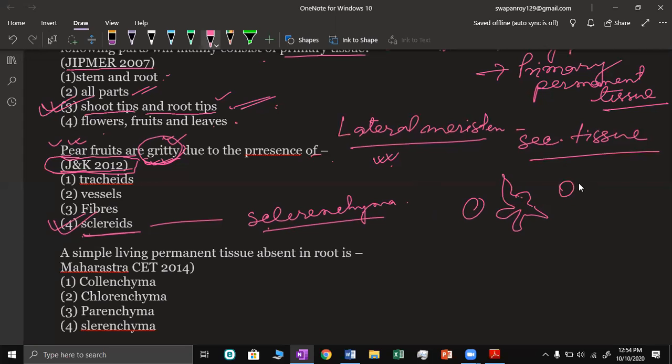They are present in isolation, not in groups. Fibers are always in groups.